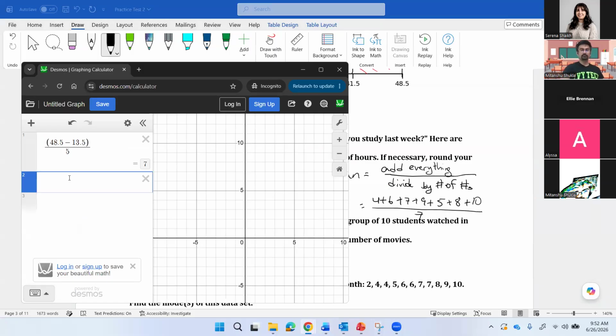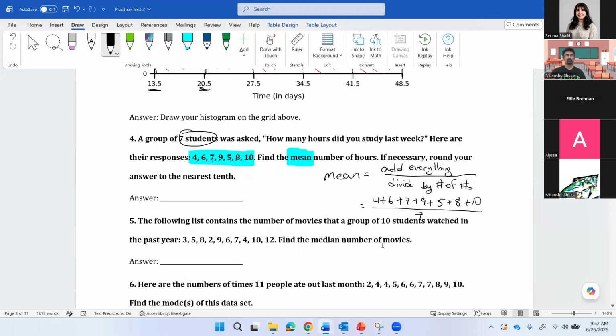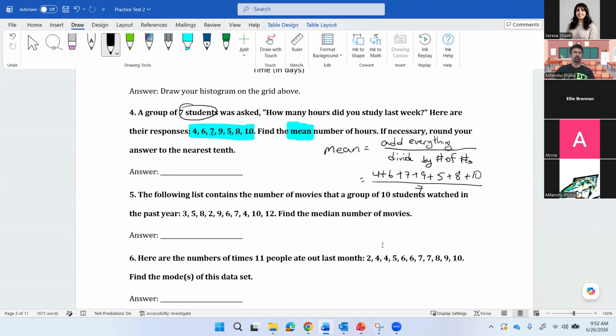And what do we get? I get 7. Does everybody get 7? I could have done math wrong. I'm a person. I do make mistakes. Great. Thank you for confirming that, Ellie. So I got 7.